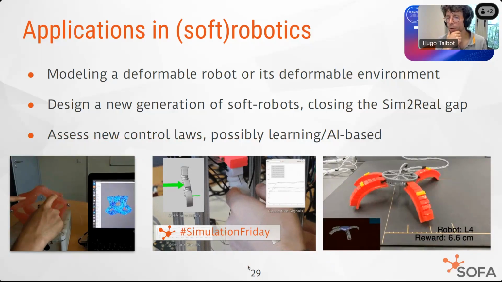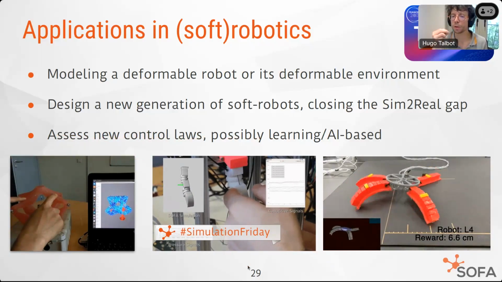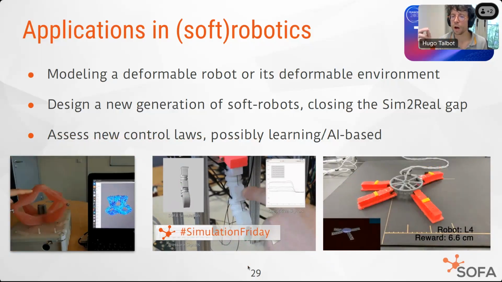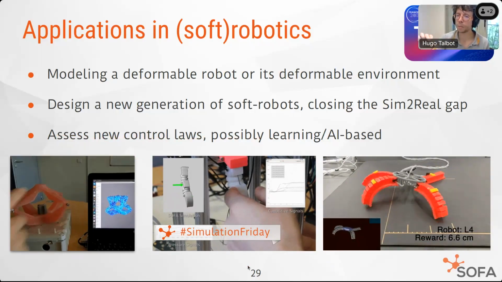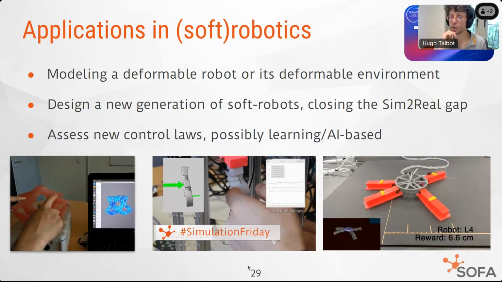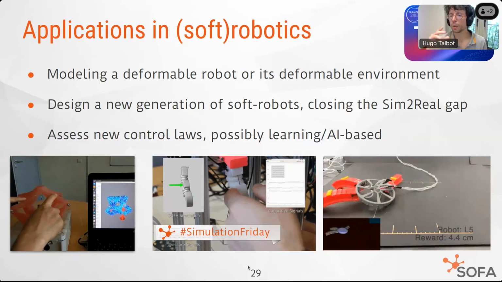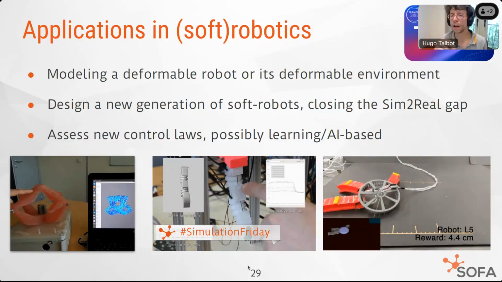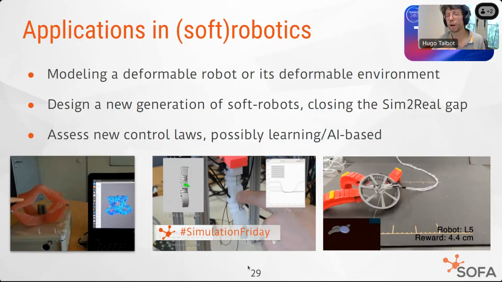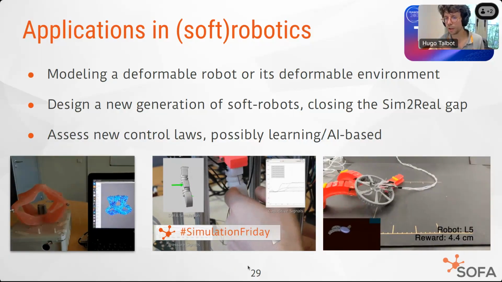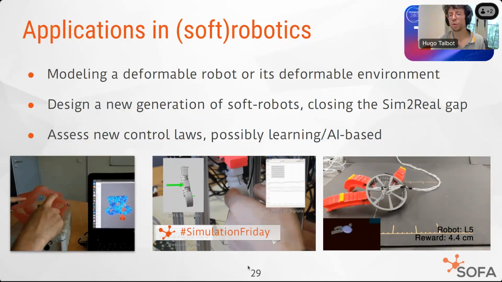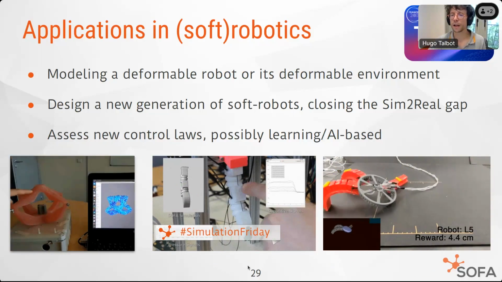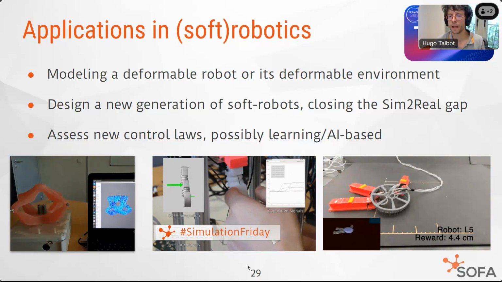The objective of the neural network was to find the optimal locations of the legs, the red legs of this robot. The legs could be placed anywhere on the central part of the robot. And the neural network had to run simulation and find an optimal strategy, which is the one we see right now. The optimal strategy to crawl as fast as possible in a certain amount of time.